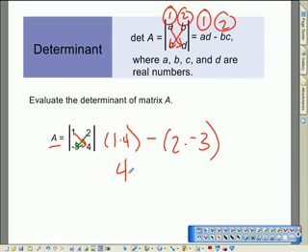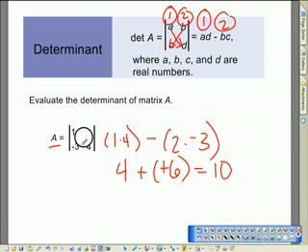This is 4 minus a negative 6. Notice I kept this minus sign here in the middle, even though this is negative, because minus a negative number becomes plus. So this is 10. The determinant of matrix A right here is 10.